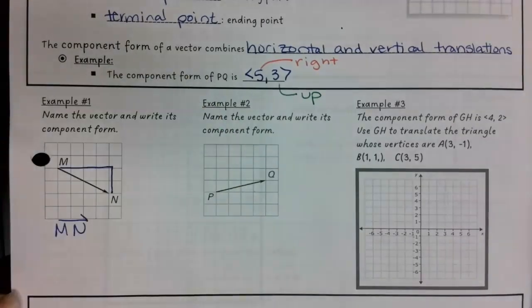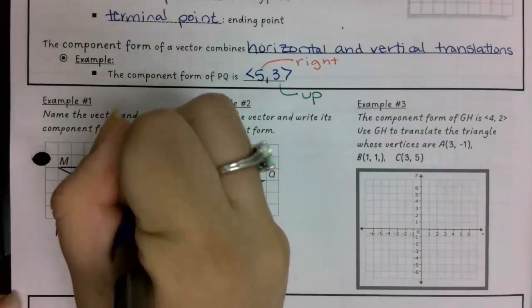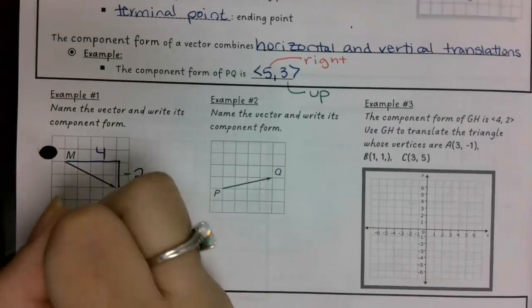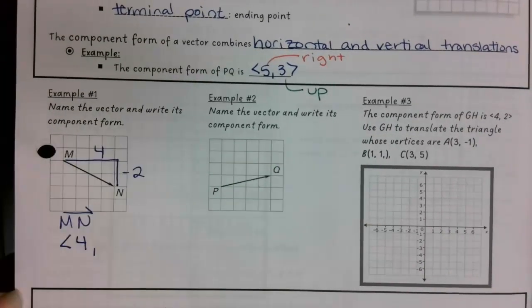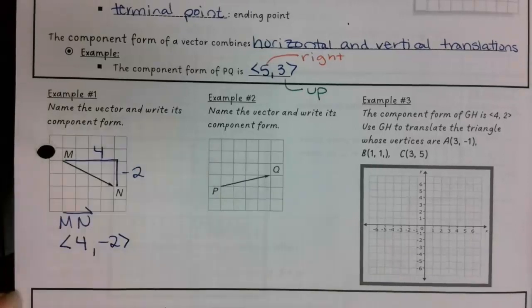So how many squares is it going right? 4. And how many is it going down? 2. So I'm going to represent that with a -2 since it's going down. I always write left or right first, and then up or down goes next. And I represent down by the negative.